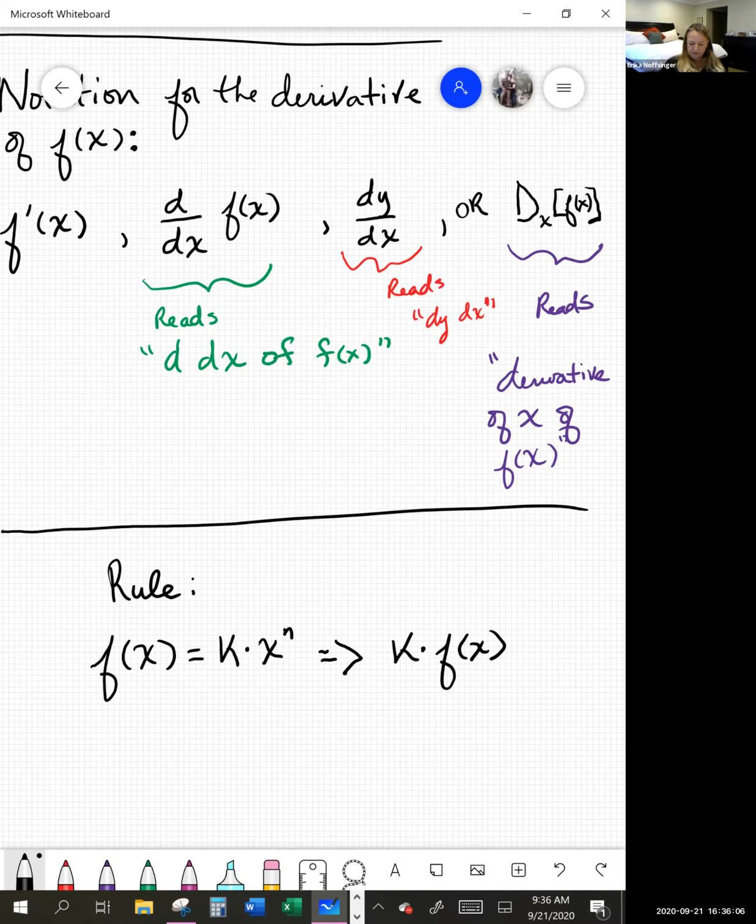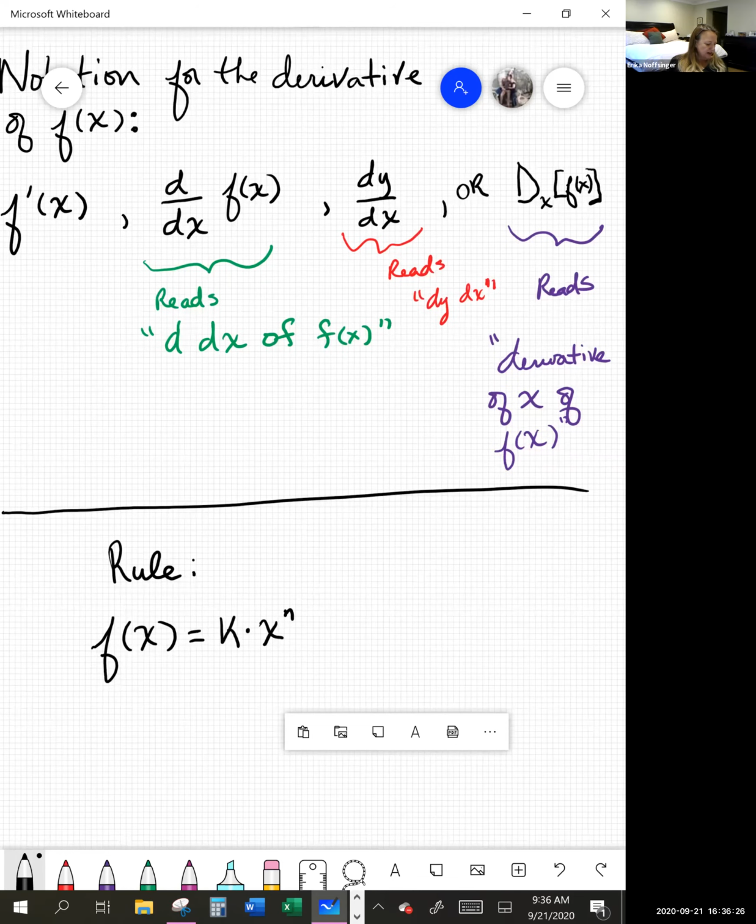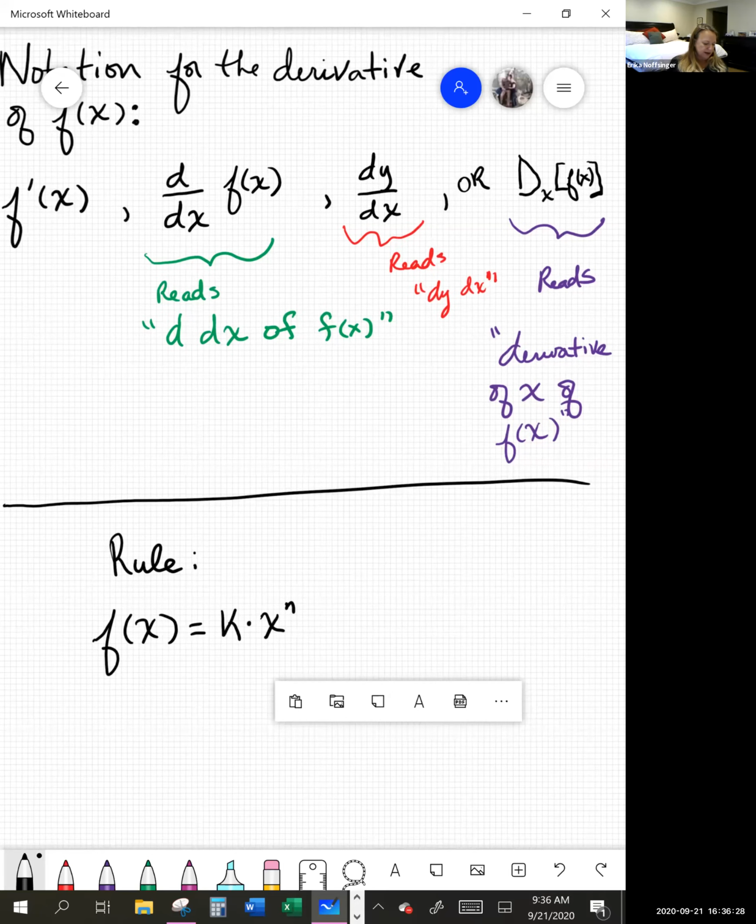Actually, no, it's not. So if f of x is equal to a constant, we already did that one, that's 0. If f of x is equal to x to the n for any real number n, then f prime of x, we already got that one. Let k be a real number.